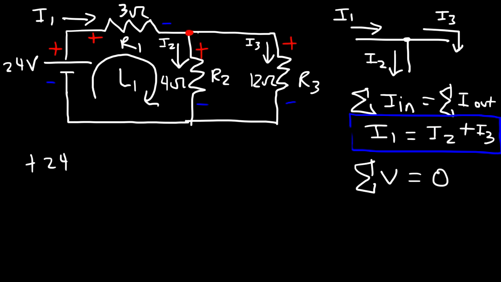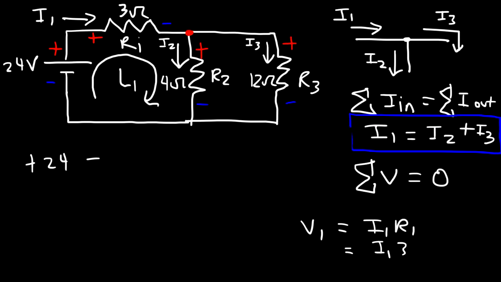Now using the loop rule, we're going in this direction through R1. So we're going in the direction of the current towards a lower potential. Because we're going towards a lower potential, that's going to be a voltage drop. The voltage drop across R1 is V1, and V1 is equal to the current that flows through it times R1. And R1 is 3.